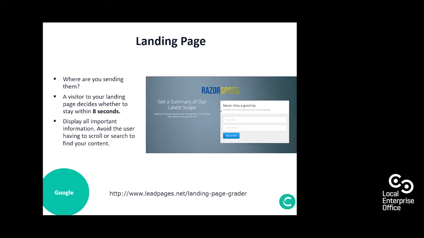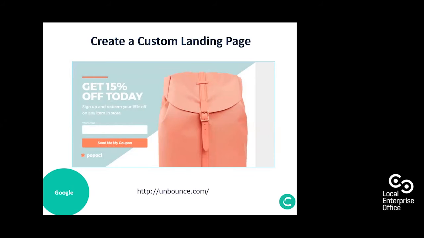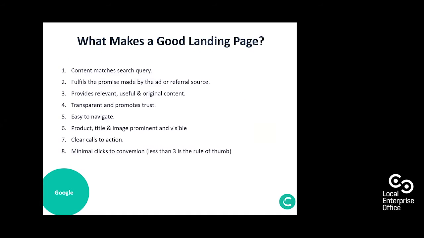If it suggests improvements, I would suggest that you make those improvements before you run Google Ads. This is another tool to create custom landing pages, called leadpages.net. And this is another one here. Generally speaking, some of these are free, but you generally have to pay for them. But certainly in the first instance, even just using the grading tools is a good start.